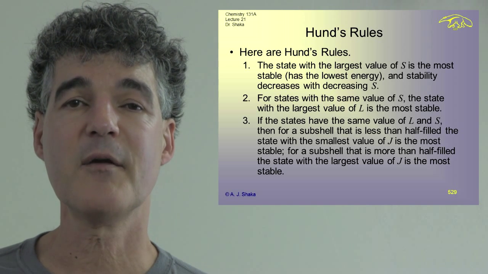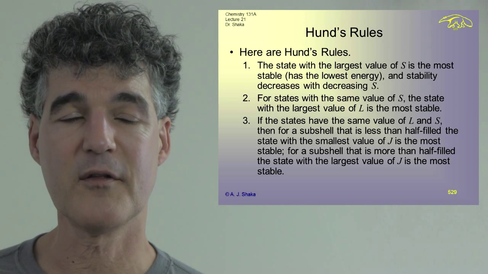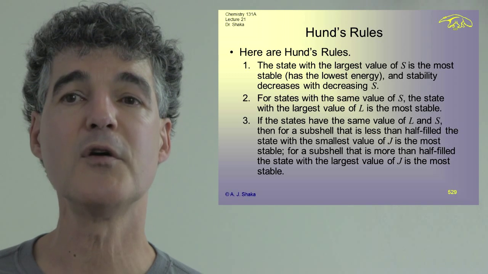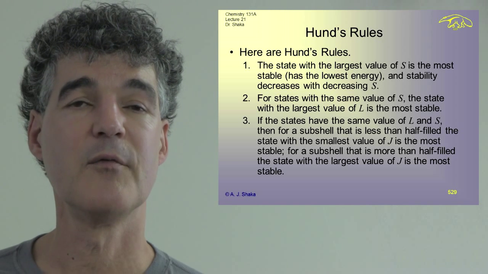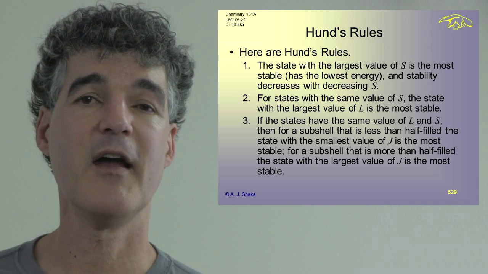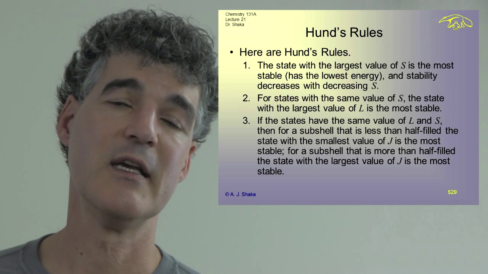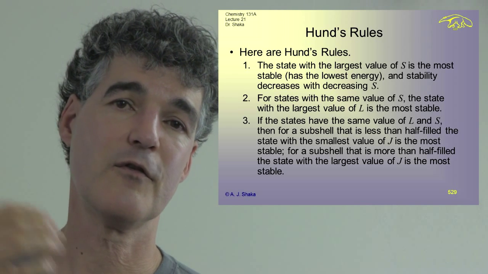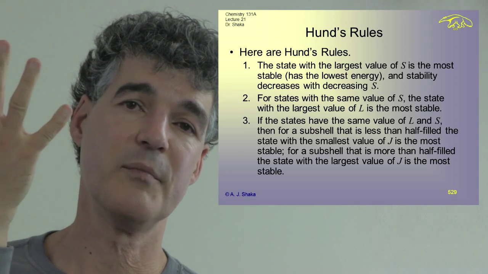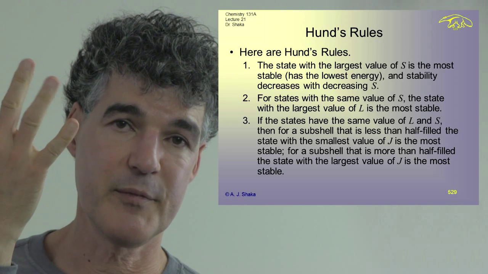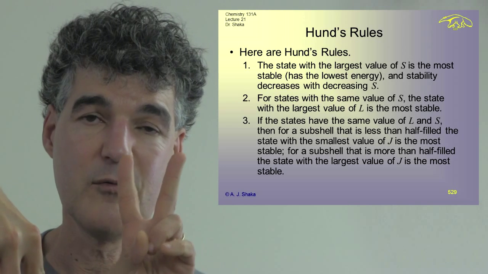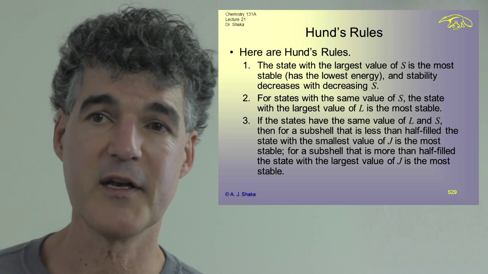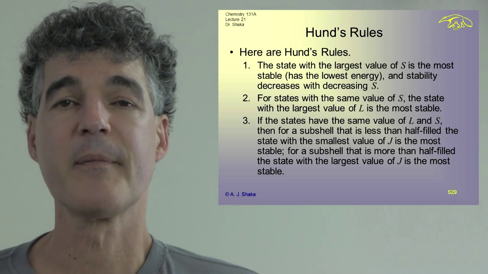Then the state with the highest multiplicity, or the biggest value of S, is the most stable, and stability decreases with decreasing S. If I have 4 unpaired electrons in 4 d orbitals, all of them up will be the most stable, and 2 up and 2 down will be worse than 3 up and 1 down, for example.